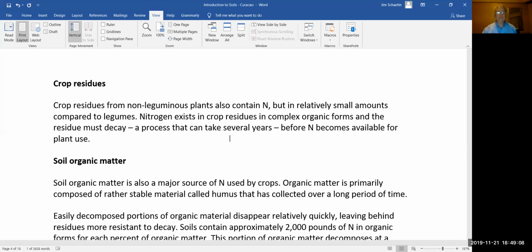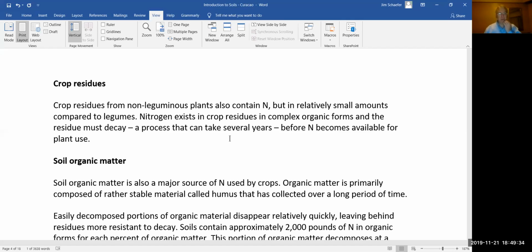And the release of nitrogen from whatever source that you utilize is a very critical factor with respect to the capacity of your soil to hold that nitrogen, and with respect to the capacity of your plant to utilize nitrogen.